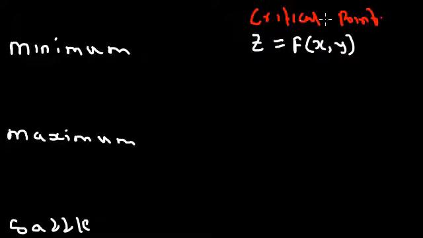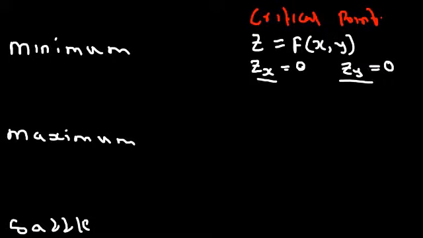To get the critical points, you find the partial derivative of z with respect to x and set it equal to 0. Then you also find the partial derivative of z with respect to y, likewise set to 0. Having done that, you can solve the two equations simultaneously. At the end of the day, you get the values for x and y. Whatever values of x and y you got is your critical point.